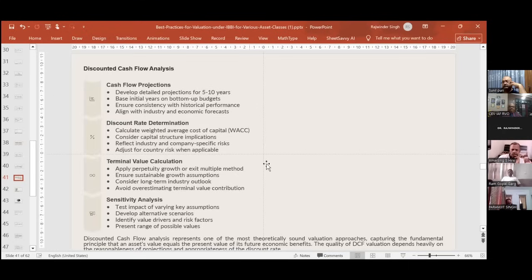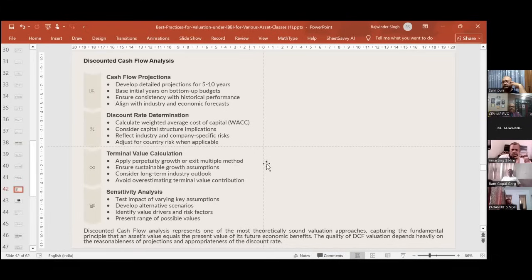Then we will discuss discounted cash flow analysis, which is generally used by asset valuers. In this case, first of all, we determine the cash flow projections. Develop detailed projections for 5 to 10 years.